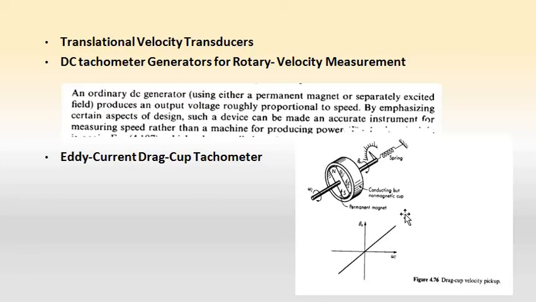In this case, the dynamic operation is governed by the rotary inertia of parts moving with theta, also the spring stiffness and the damping effect of the eddy current coupling between this magnet and the cup. That is, there will be an eddy current coupling between this magnet and the cup. So that, and spring stiffness, also rotary inertia, all these factors will affect the dynamic operation of the system.